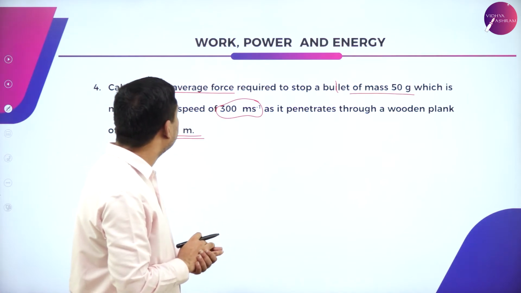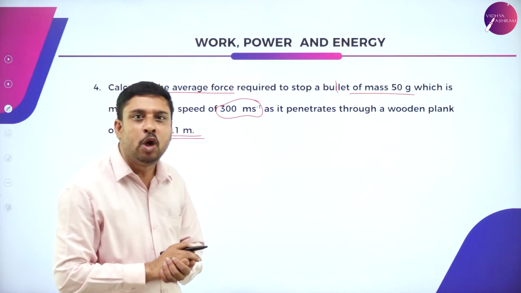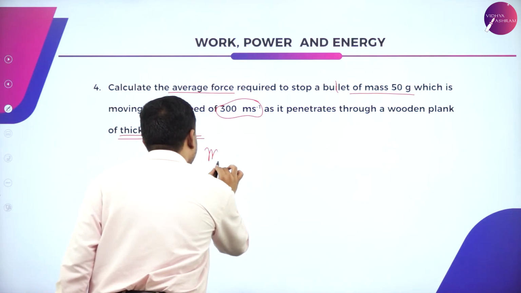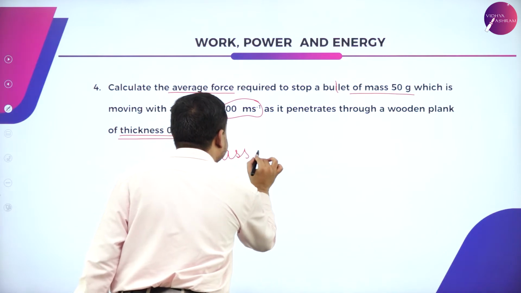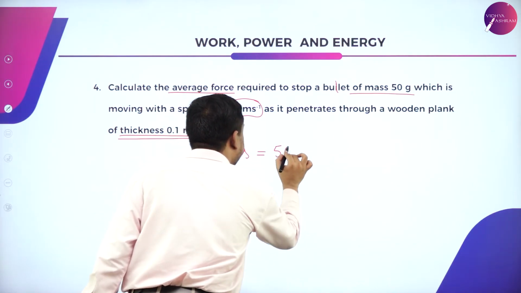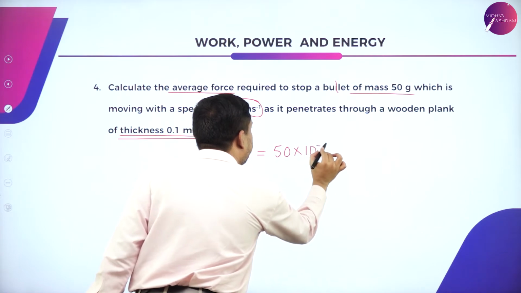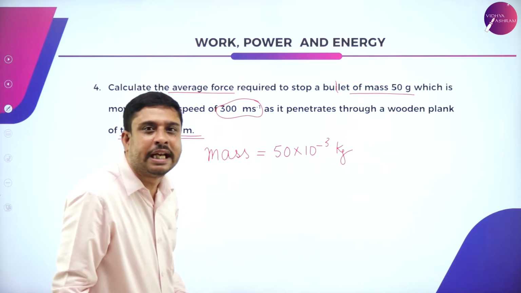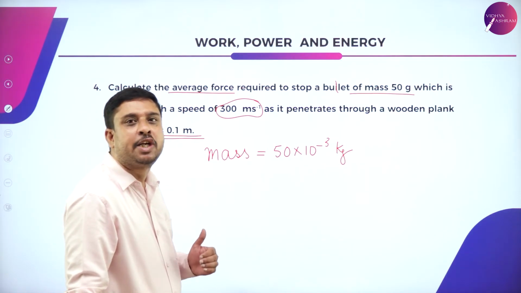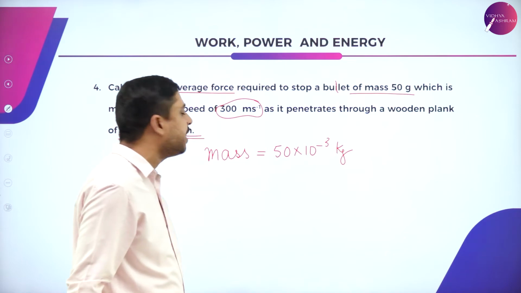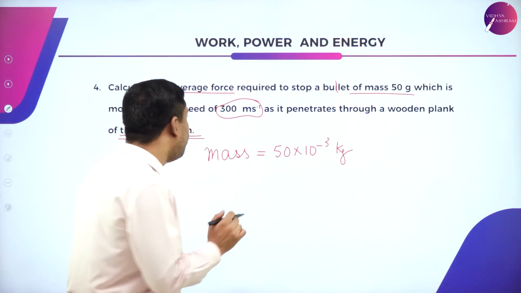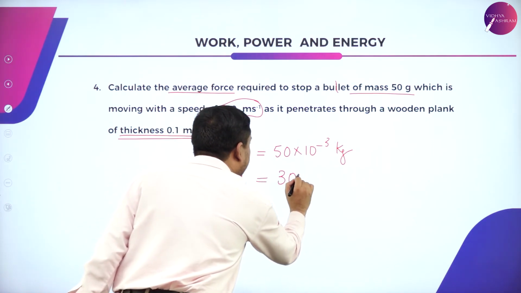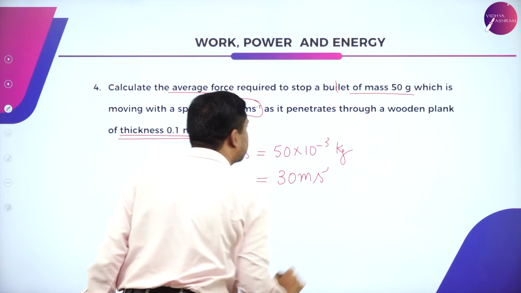So I have to stop a bullet of mass 50 grams. Mass of the bullet is given, 50 into 10 power minus 3 kg, since it is given in grams. It is moving with the initial speed of 300 meter per second.